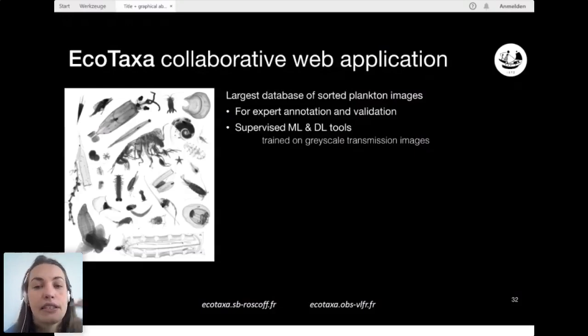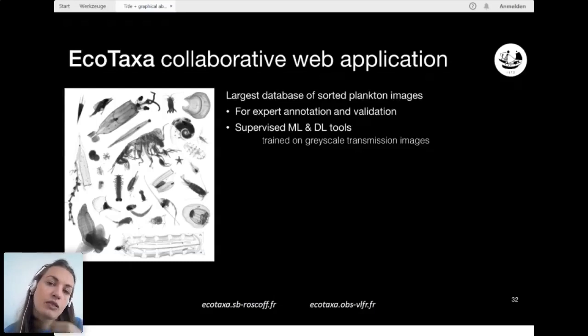So also as a layperson or the public can go and browse these images. It's quite pretty. But as a non-registered user, you would only see the validated images that have already been validated by experts and whose annotation is actually correct as far as we know it.